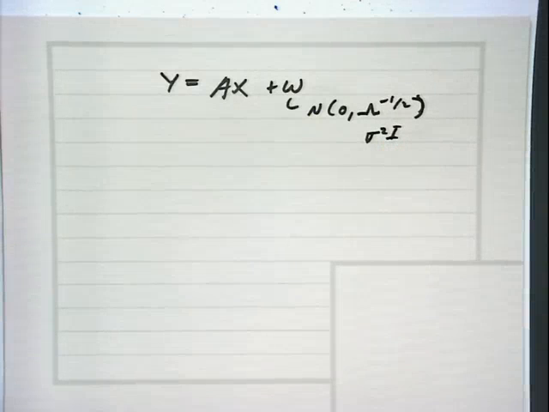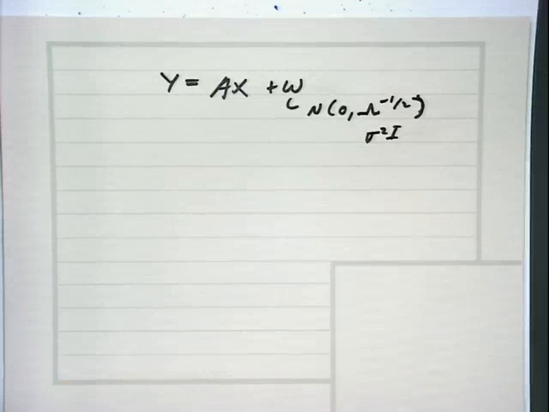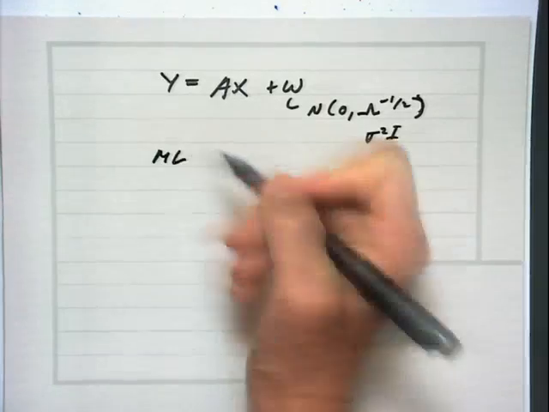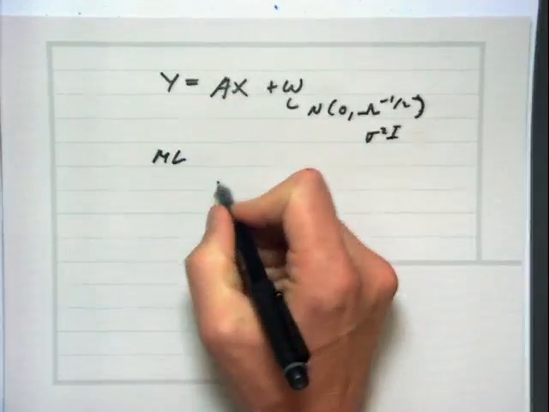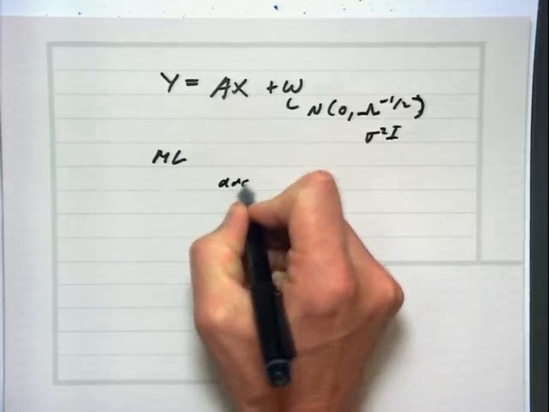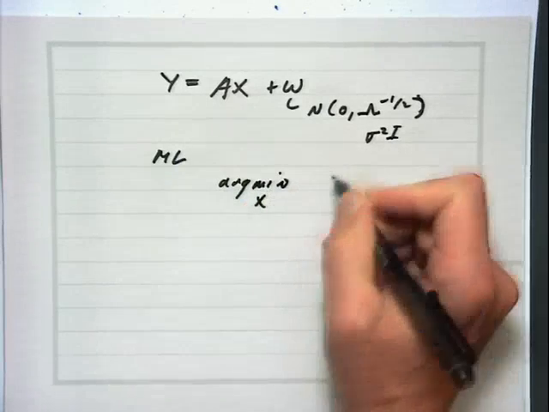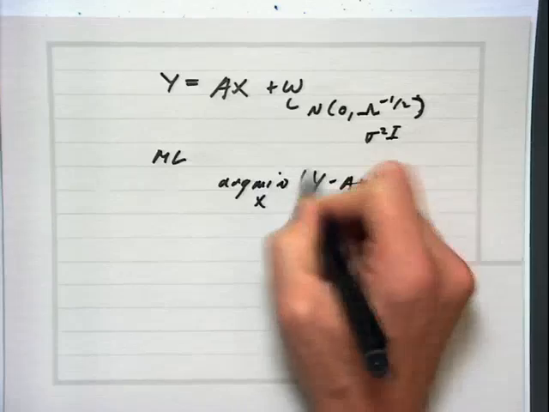And then the maximum likelihood estimate. I was trying to find x. What I really just want to do is find the argmin over x of the norm of y minus Ax squared.